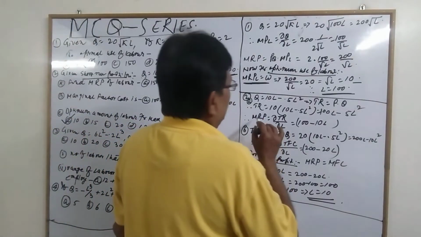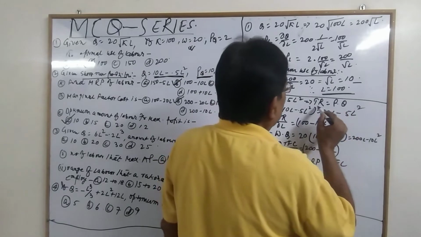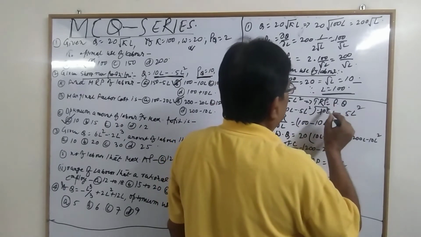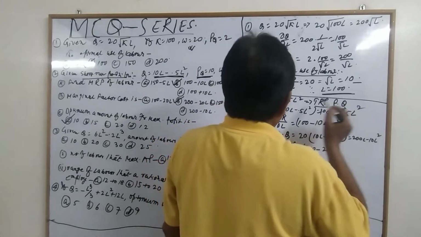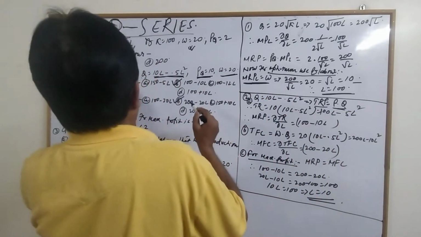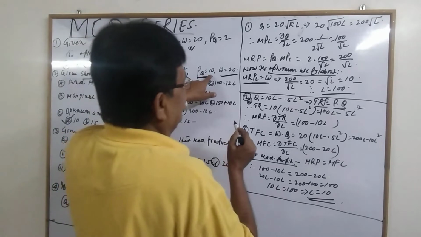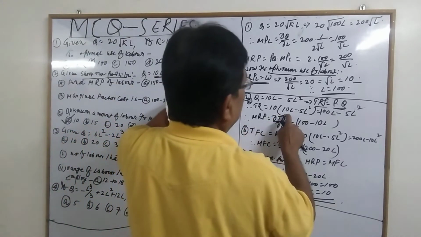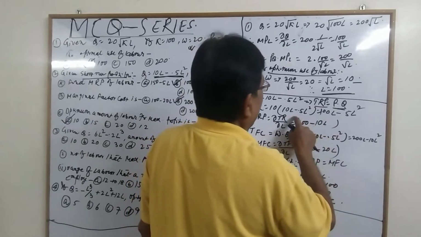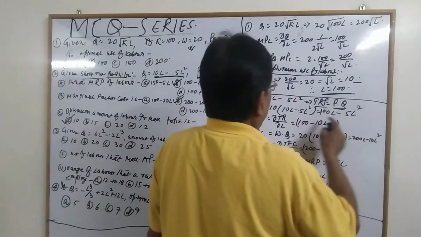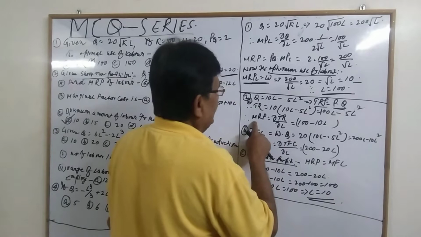For finding the marginal revenue product, we first have to calculate the total revenue product, that is P into Q. PQ is given as 10, and Q is the production function. So it is 100L minus 5L square. Once differentiated, it will give MRP.